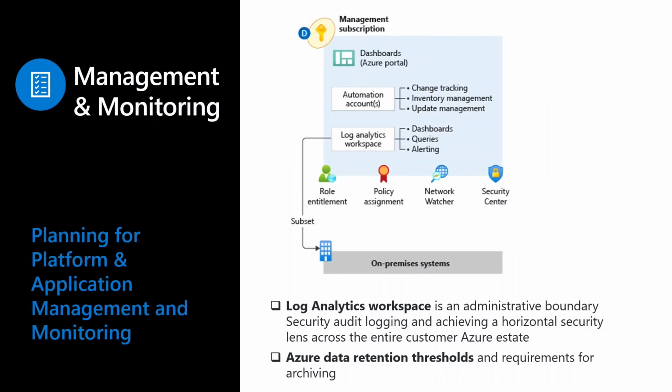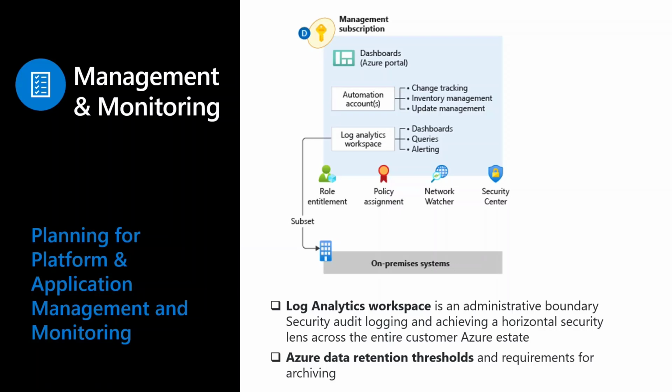In the management and monitoring section, it's all about the difference between platform monitoring and application monitoring and application management. That's very important to understand, there's a difference between the two. One example is that for platform monitoring, which includes all the networking and security related logs, audit data, and so on, it is recommended to use a centrally provisioned workspace owned by the cloud center of excellence or cloud control plane team.